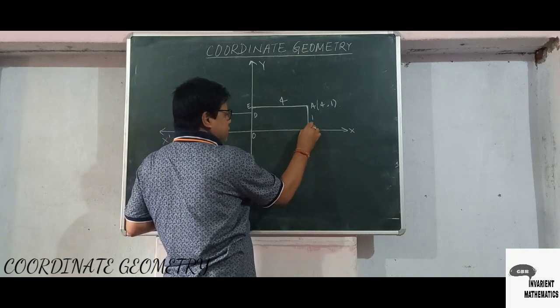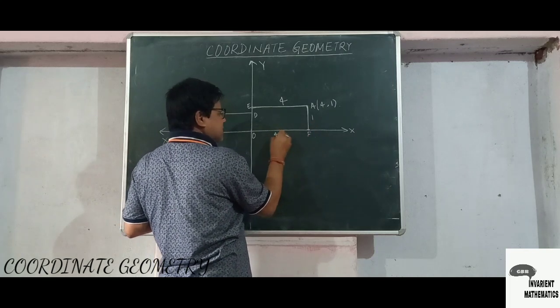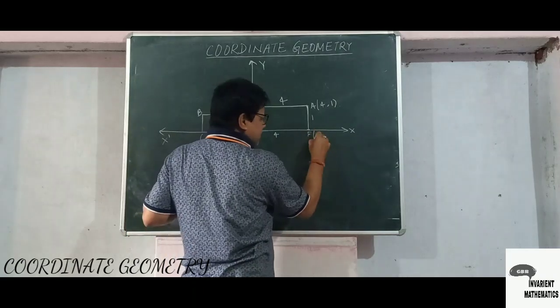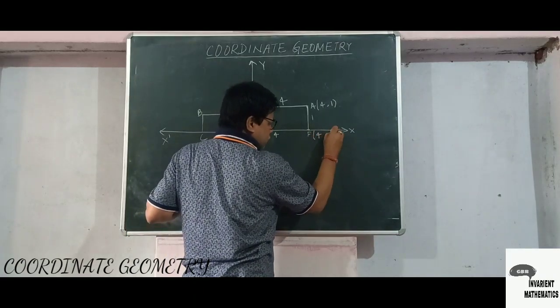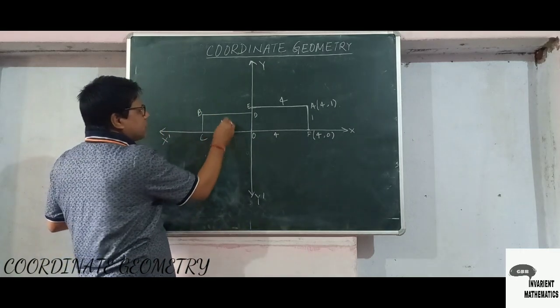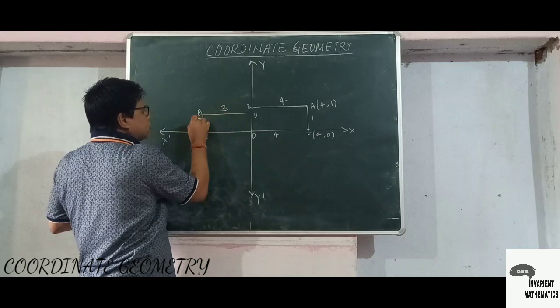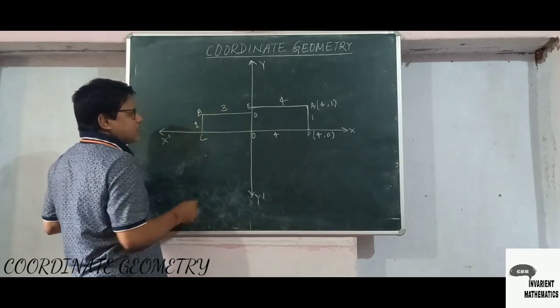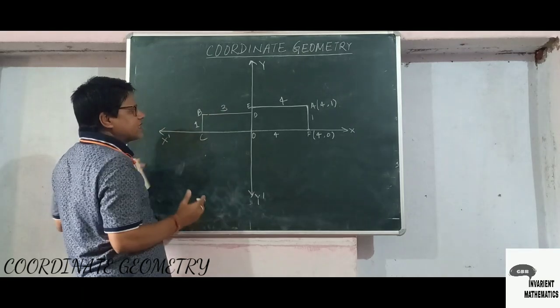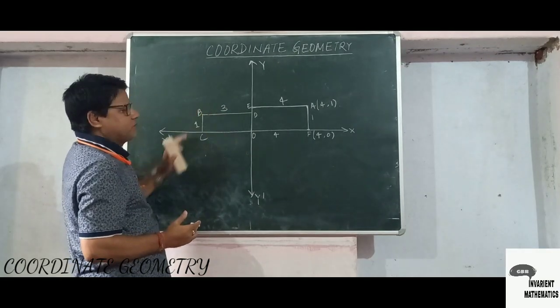Now the point F. The point F is 4 units from the y-axis and it lies on the x-axis. That means it is (4, 0). Now coming to C. C is supposed to be this one, 3, this one, 1. So this is the second quadrant, so x is negative and y is positive.